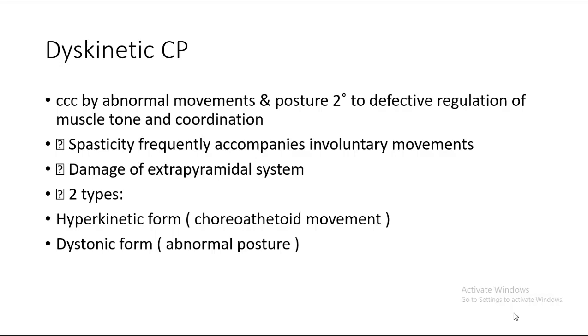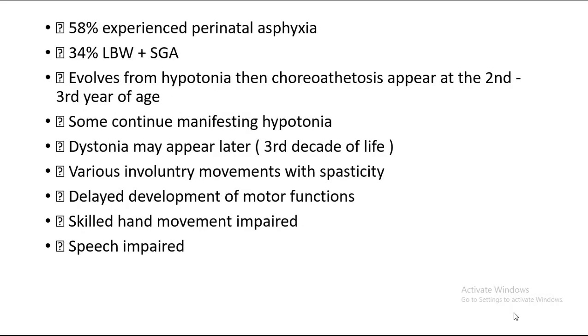There is abnormal movement, tone and posture, and it is due to damage of the extrapyramidal system. It can be caused by perinatal asphyxia in 58% of cases, or by hyperbilirubinemic encephalopathy. Both can cause damage or insult to the basal ganglia or extrapyramidal system.